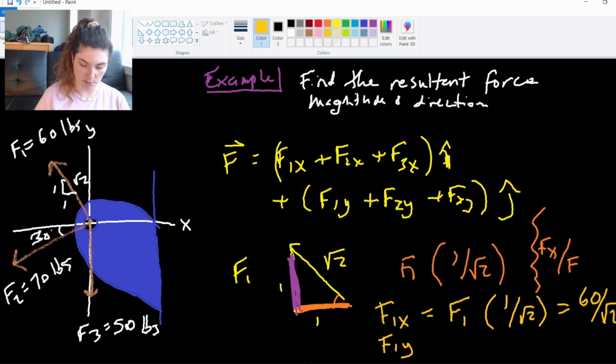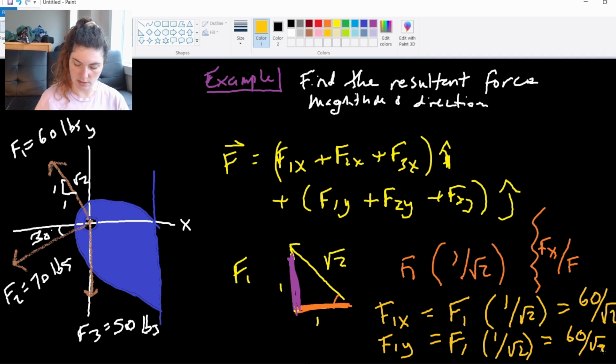So this is going to be, again, f1 times 1 over the square root of 2, which gives us the same result, 60 over square root 2, which is 42.43 pounds.